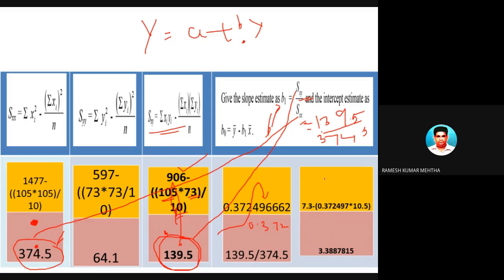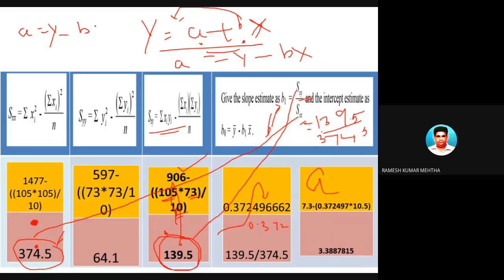Now I want to find out the value of a. I told you y is equal to a plus bx. I will keep this here and take this to the other side. A is equal to y minus bx. Just now we found out b is equal to 0.372.